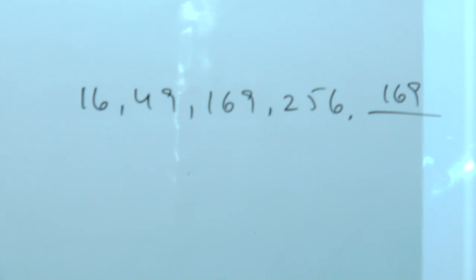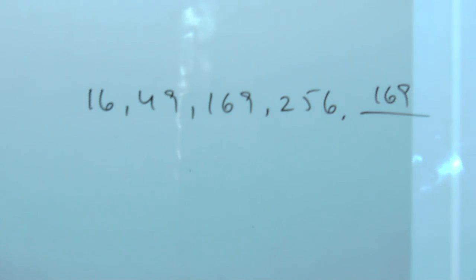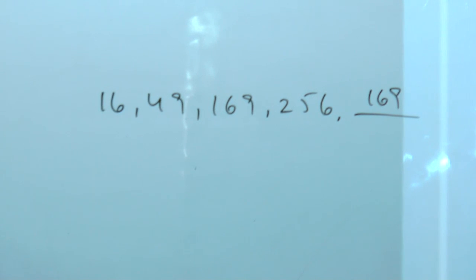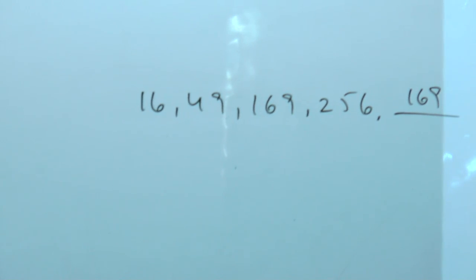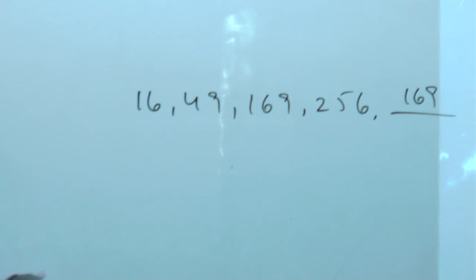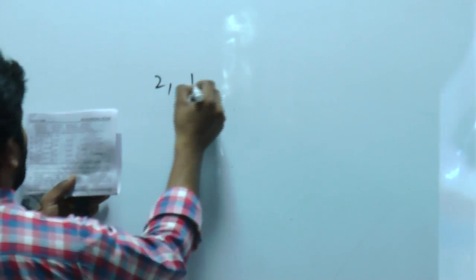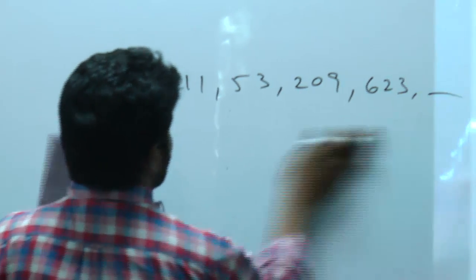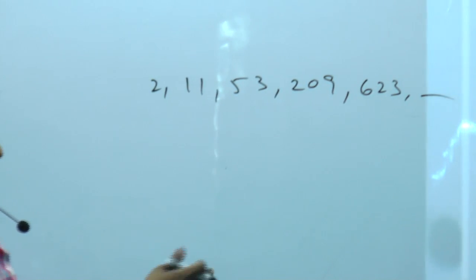39. 39, I think, is easy. Yes or no? Into 4 minus 3, or plus 3? Wait. Something is wrong. 2, 11, 53, 209, 623 and so on. 27.